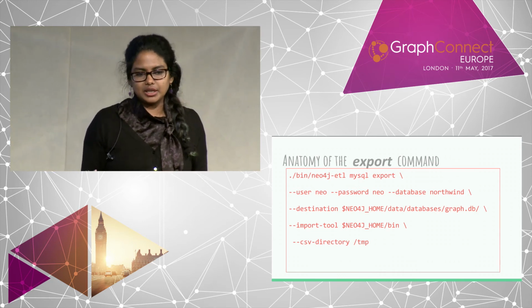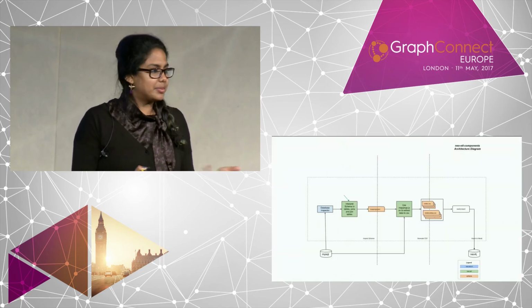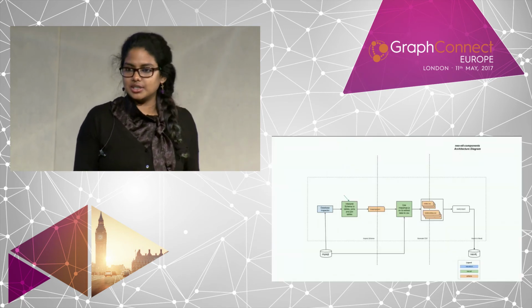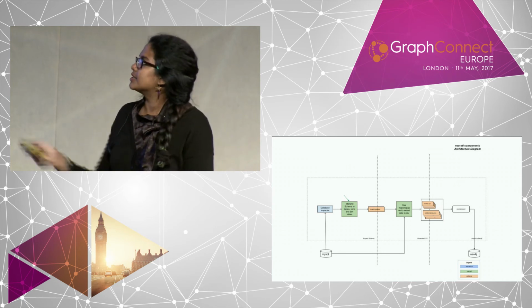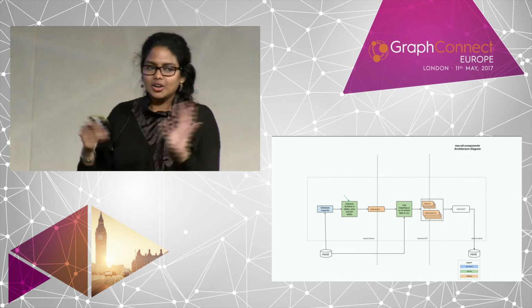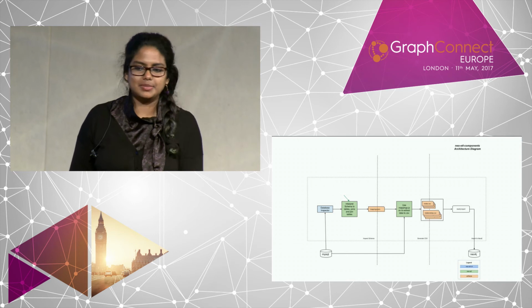Neo4j import is something you can use right away. If you have CSVs that represent nodes and relationships, you can just use it to import them. But anyway, you give all the credentials, and you tell it to put my data into this database directory.